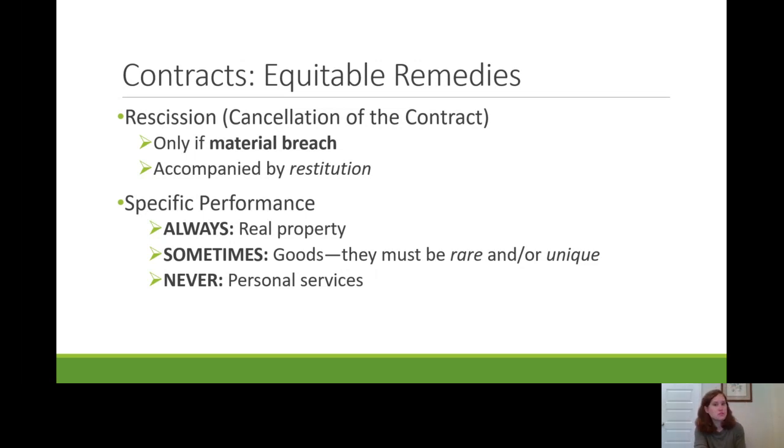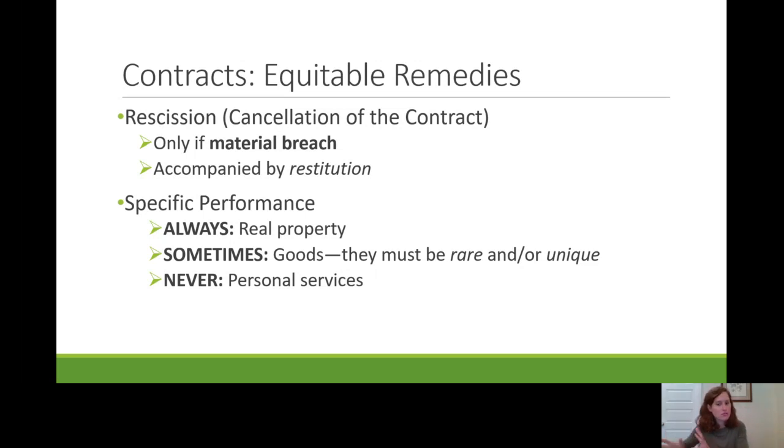For personal services, virtually never. So anything like an employment contract, or if you hired a landscaping company to do some work for you, any kind of commitment that involves a personal service, specific performance is really not on the table. There have been some cases that look like specific performance when you're dealing with pro athletes, because when you signed on to one team and the athlete wants to leave, there have been cases where the courts have said, no athlete, you signed with a certain team, you need to stay with that team.